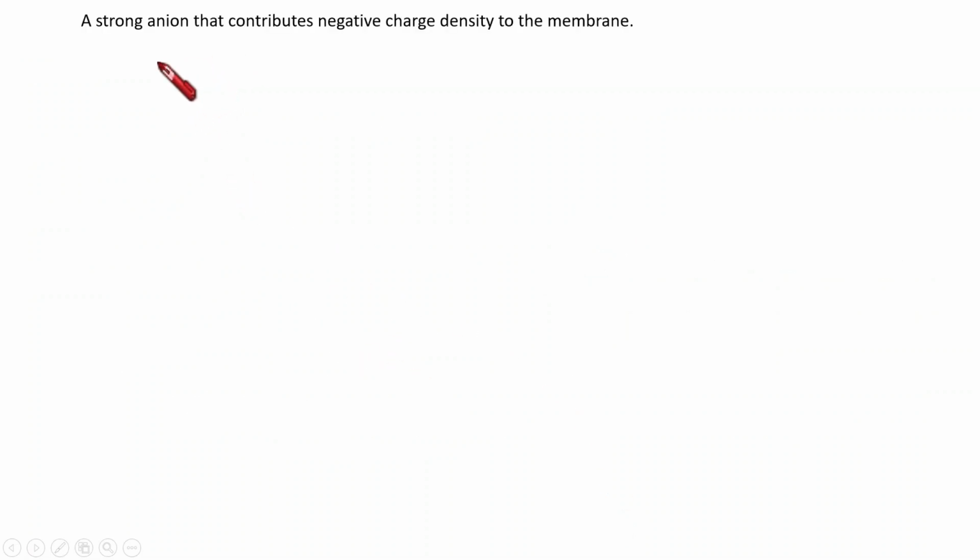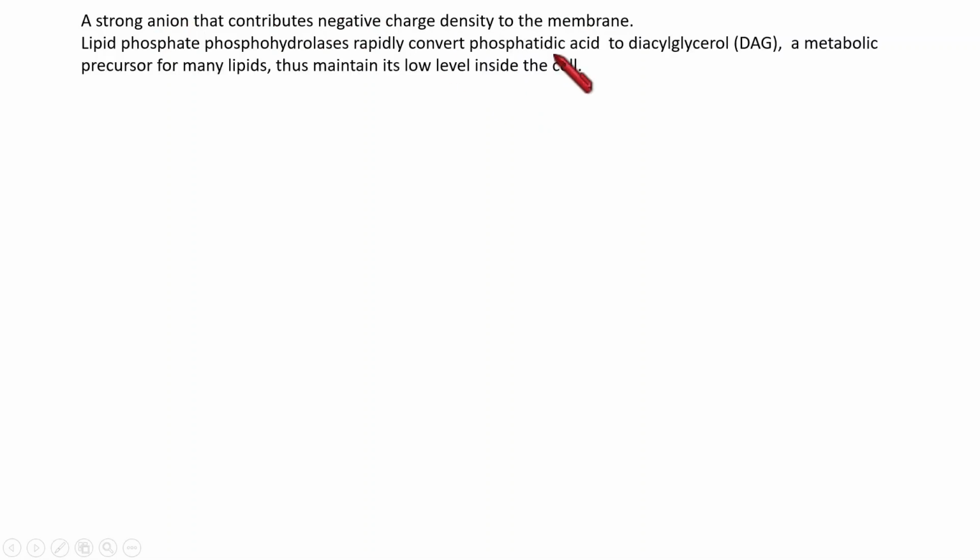Next point is that this phosphatidate is a strong anion. Anion means it's negatively charged. As it is a strong anion, it contributes negative charge density to the membrane.